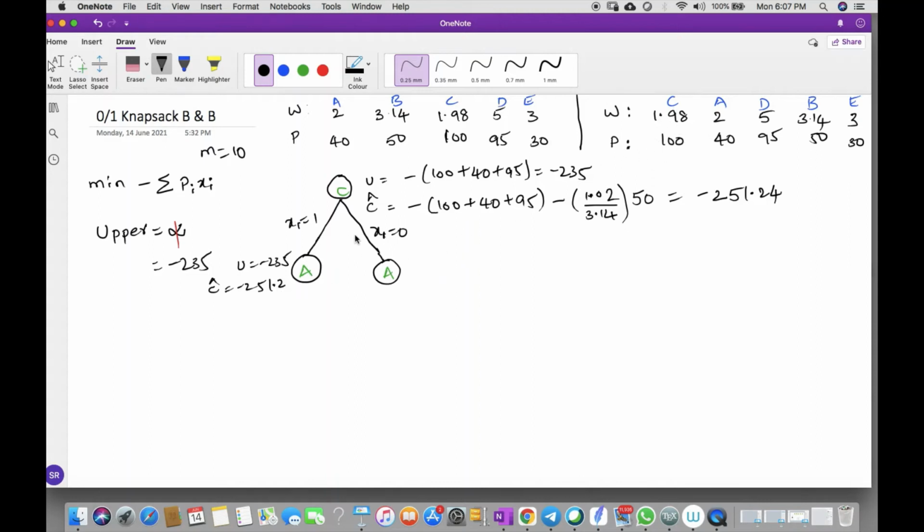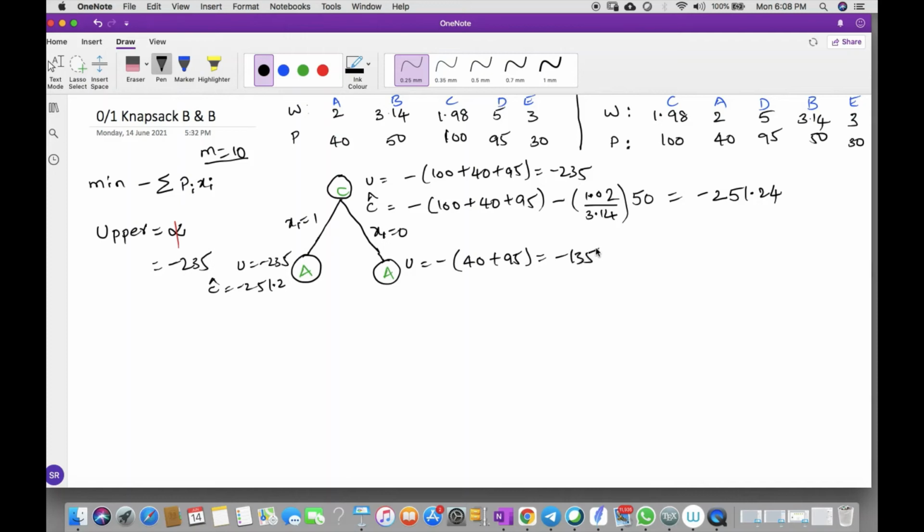So what happens if x1 is equal to 0, which means we should not include the first item? If you don't include the first item, 5 plus 2 is 7, 7 plus 3.14 is 10.14, which is crossing the maximum m value 10. So we can only include the second and third item. That will give us the profit of 40 plus 95, which is 135.